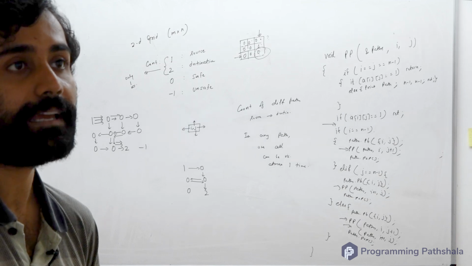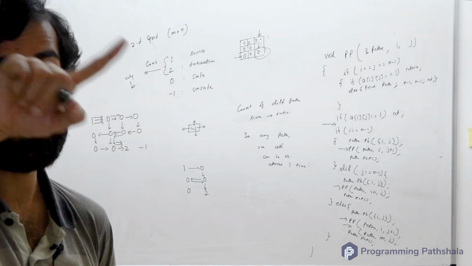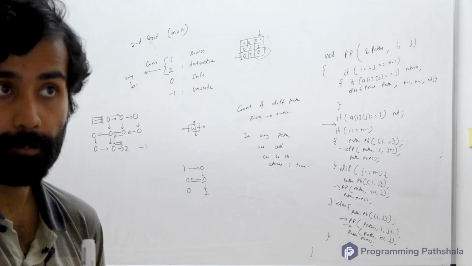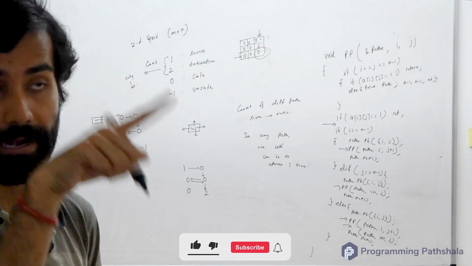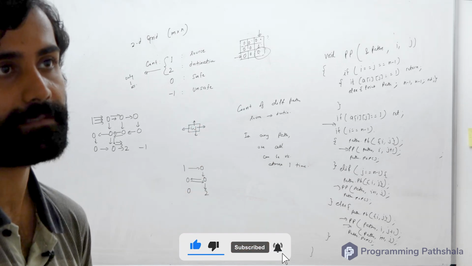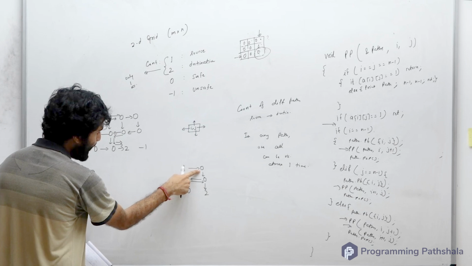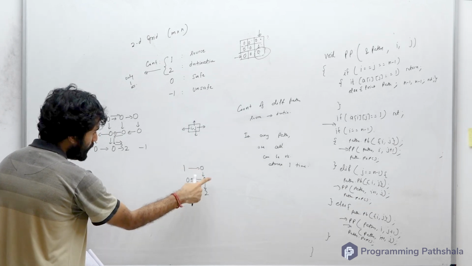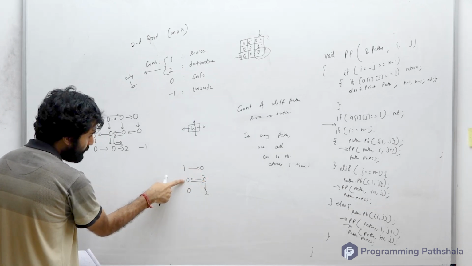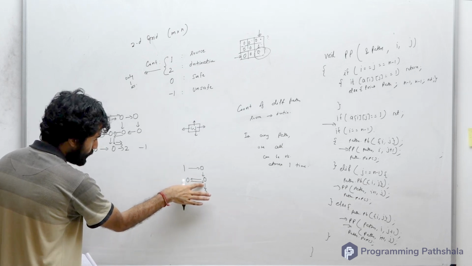Can somebody think what can go wrong? Revisit, isn't it? Can it not happen that I get trapped in a loop, or end up visiting the same cell that I had visited again? It happened over here, isn't it? When you were here, you took a right move, when you were here, you took a bottom move, when you were here, you took a left move, and when you were here, let's say you take a right move, because you are allowed to, now you can again come from here to here.